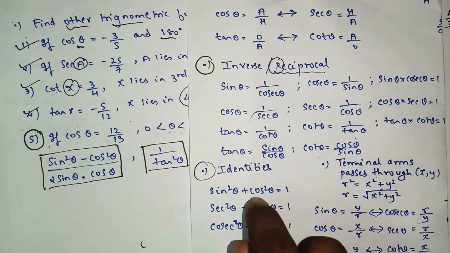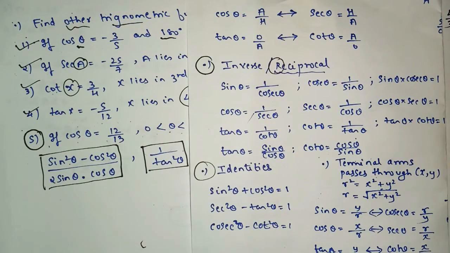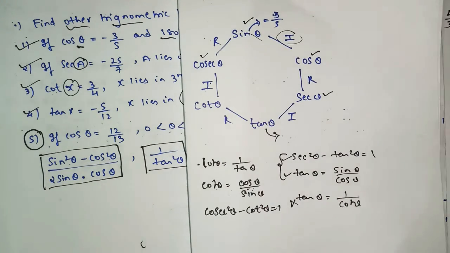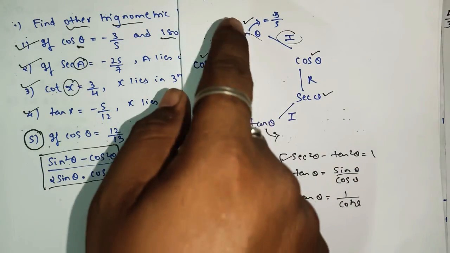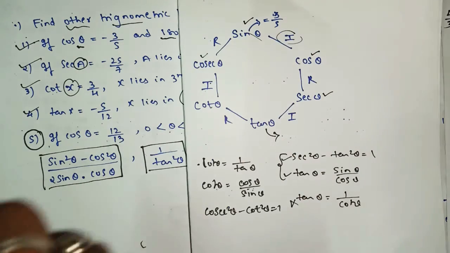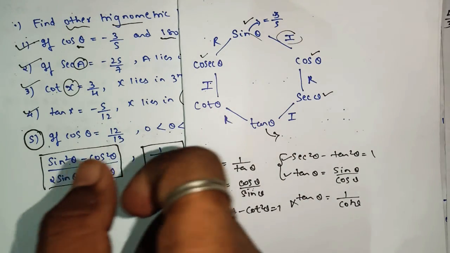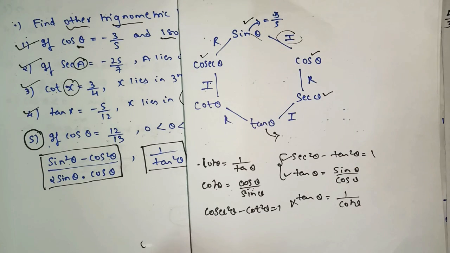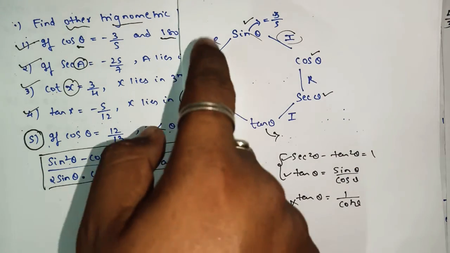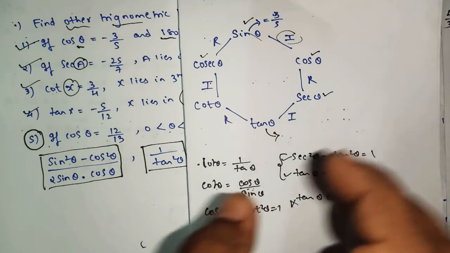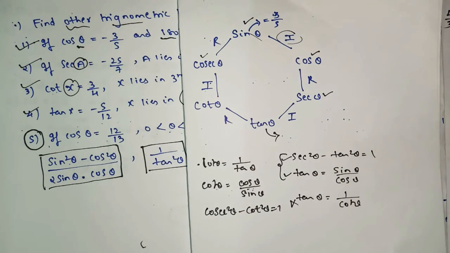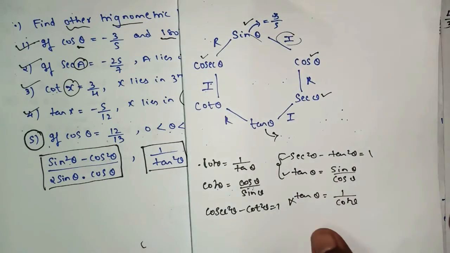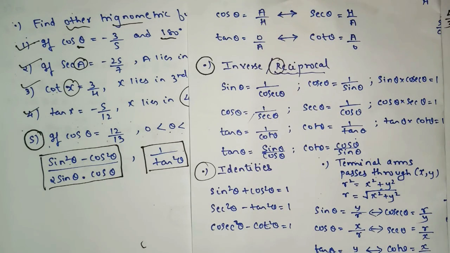With the help of reciprocal and identity, you can solve these five sums easily. And just remember this web chain in your mind. What is the connection between sine and cosec, between cos and sec, between cot and tan? Here I stands for identities and R stands for reciprocal. Just see the connection between them and then simply apply the formula, and you will get the answer.